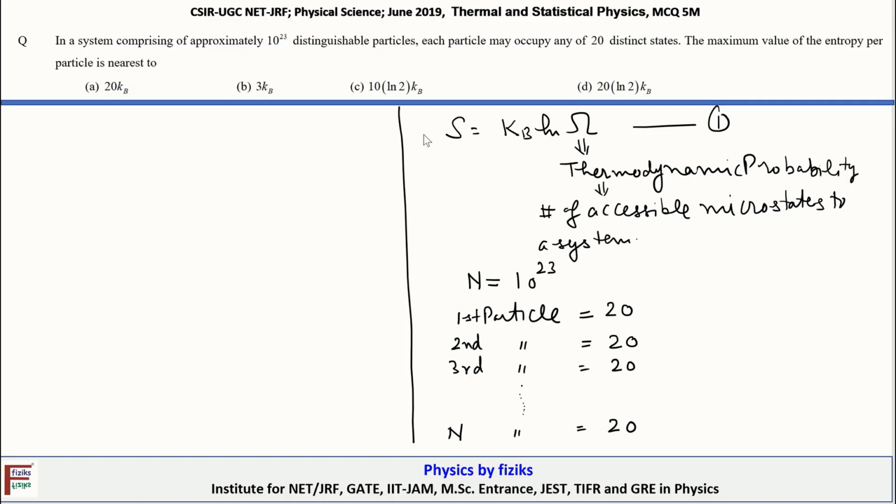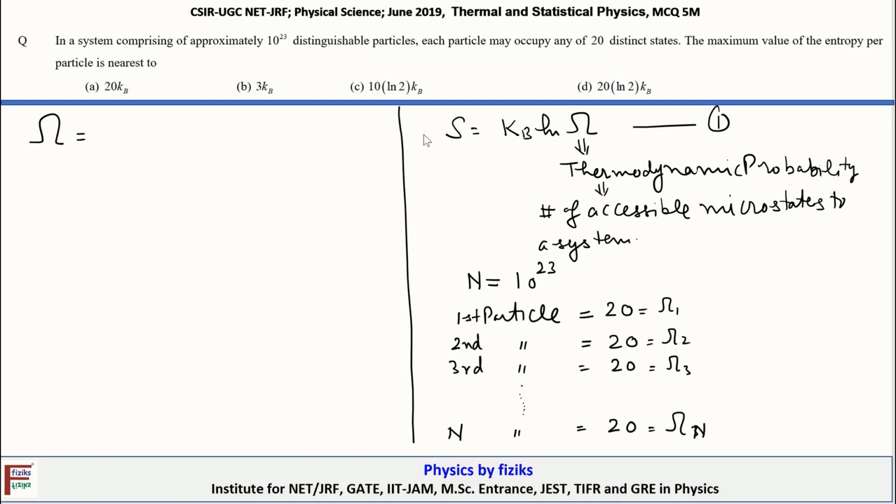So now the total number of microstates will be omega. Let's call these omega 1, omega 2, omega 3, and omega n.